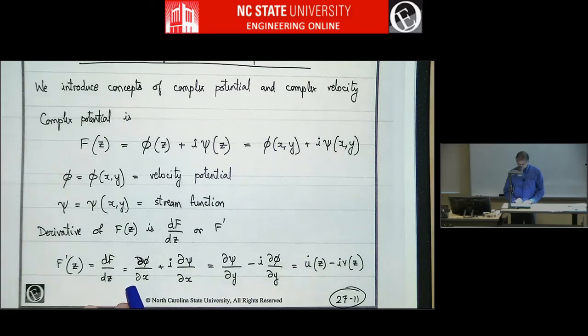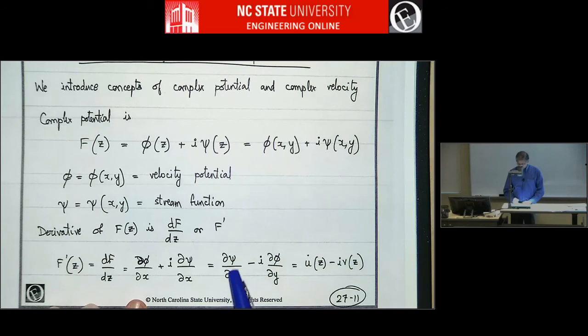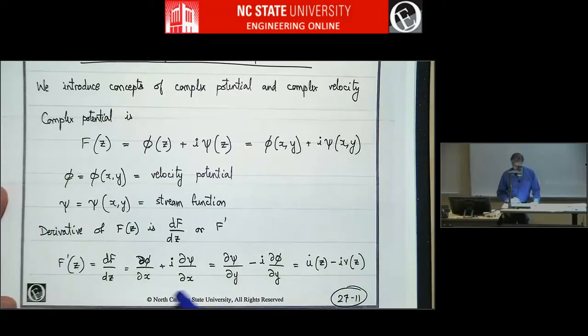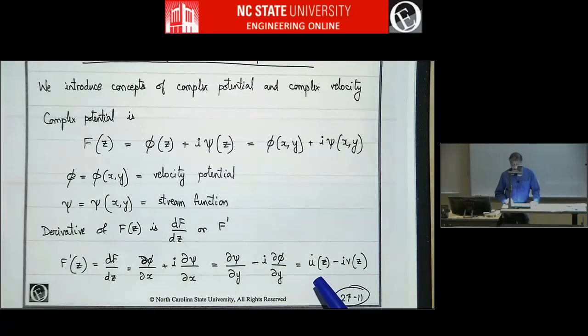You can use x as the direction in which you take the derivative, or you can use y, and that's the same as d psi/dy minus i d phi/dy. Essentially these are both the same as u minus iv, where u is the x component of the velocity and v is the y component of the velocity.